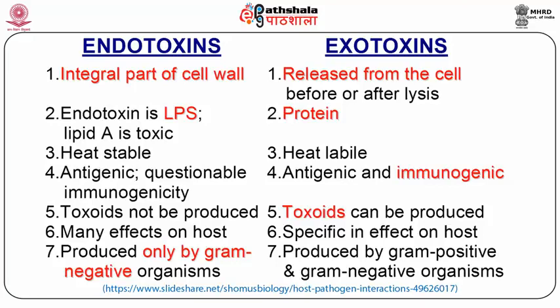What is a toxoid? A toxoid can be defined as an inactivated toxin that can be used for vaccination. Endotoxins have many effects on the host, whereas exotoxins have a specific effect on the host. Endotoxins are only produced by gram-negative organisms, whereas exotoxins are produced by gram-positive as well as gram-negative organisms.